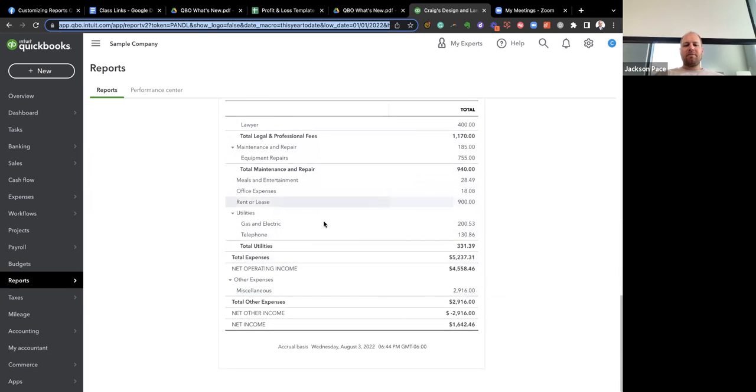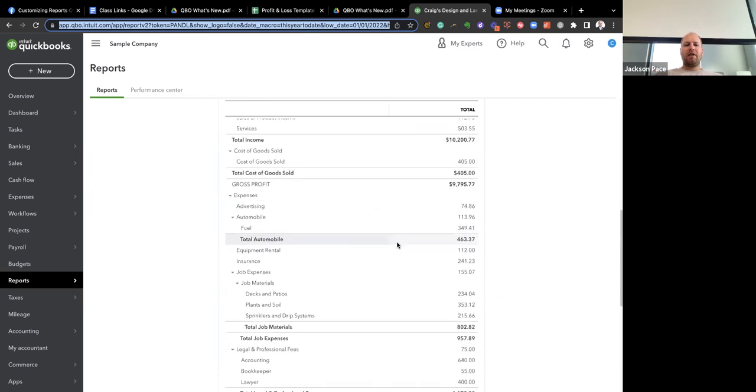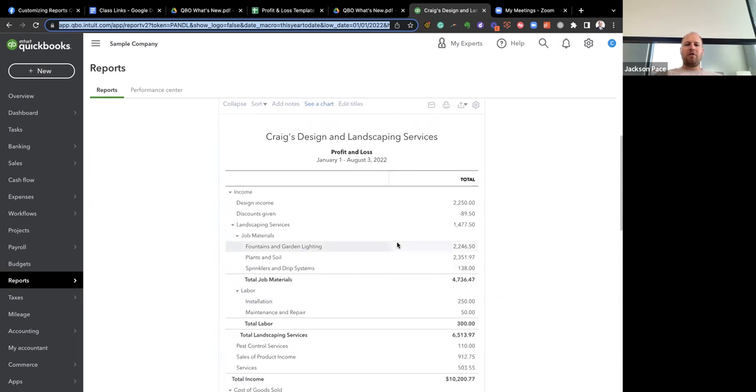We get down here and find their total expenses, so we at least know what those are. And then they have some other expenses, some miscellaneous, and down at the bottom, the net income number. So this is the sample one. We're actually going to do a little bit of work to it to get it to where I feel like it'll be a lot more useful for us to look at and analyze.